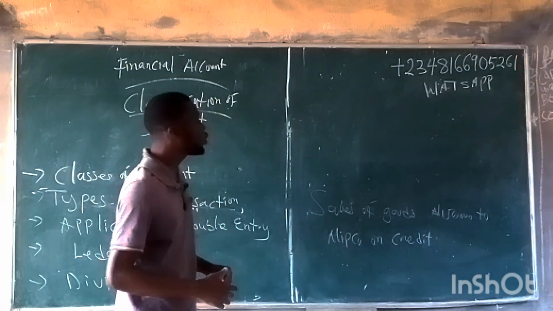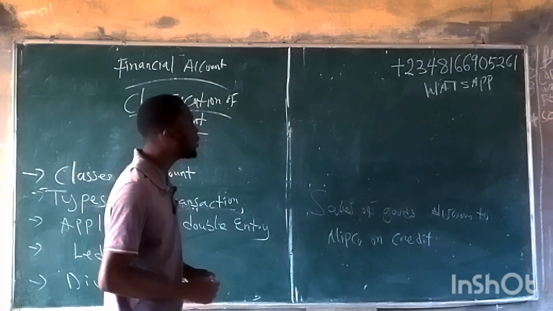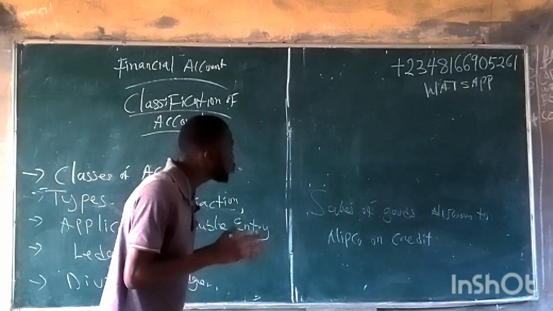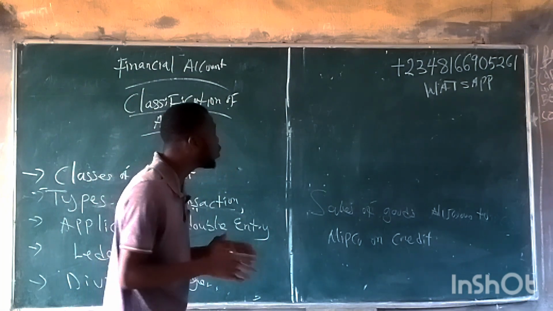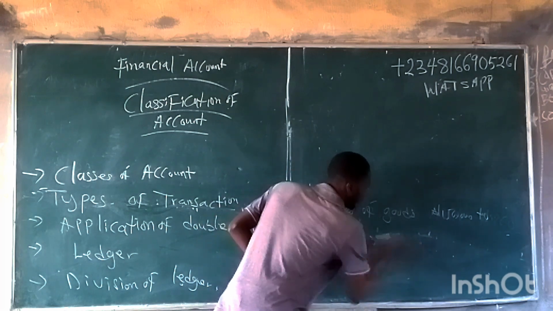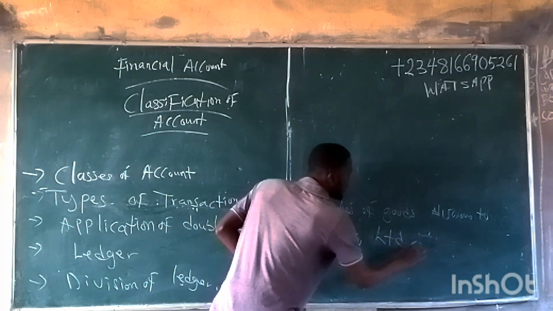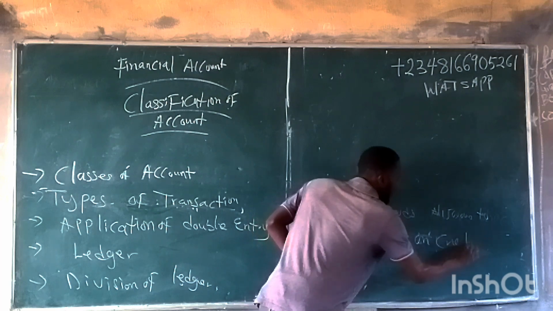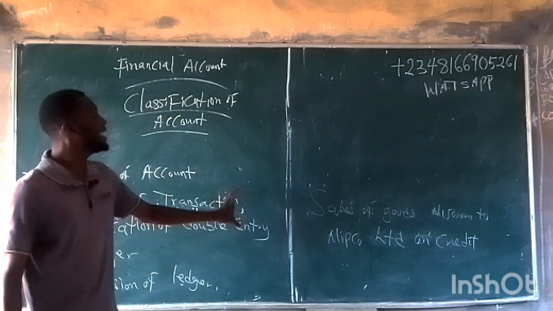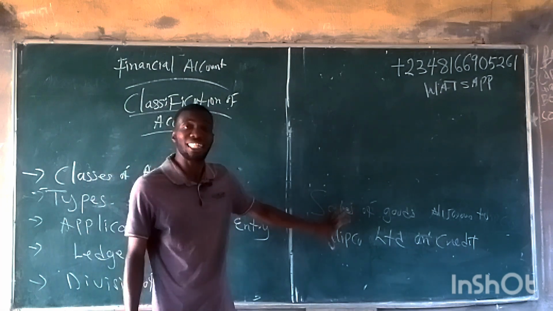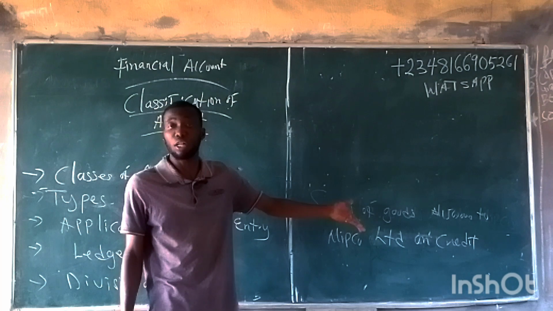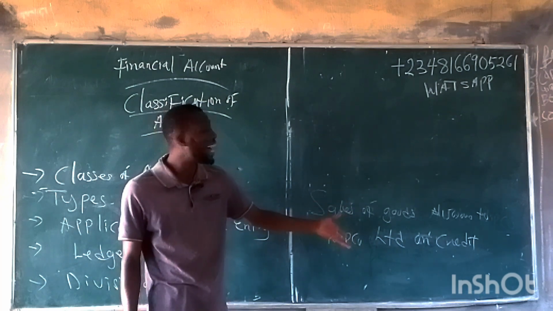We are selling goods worth 150,000 naira to NIPCO Limited on credit. If you look at this, the first thing that should come to mind is that this is a credit transaction, because cash is not made. No payment is made in that case.